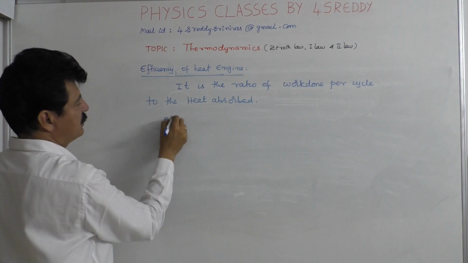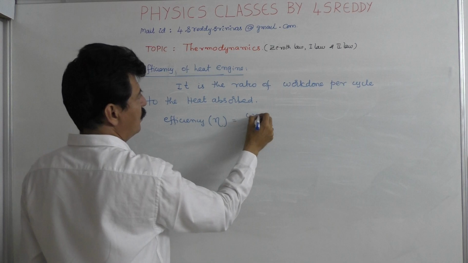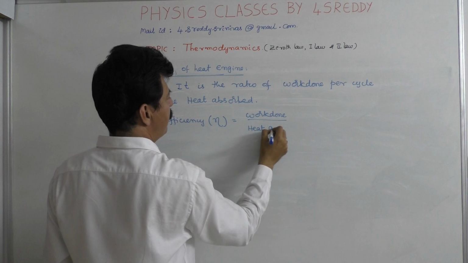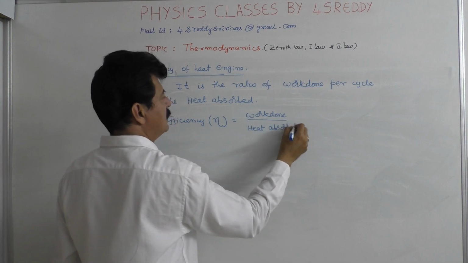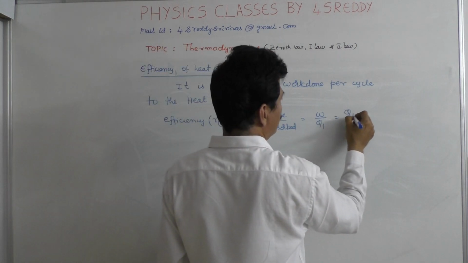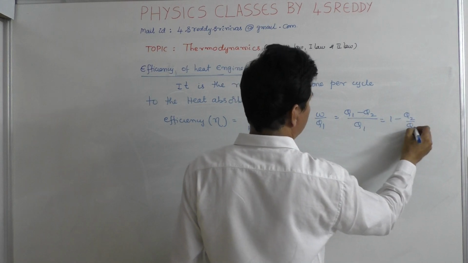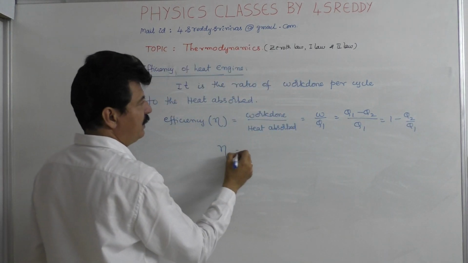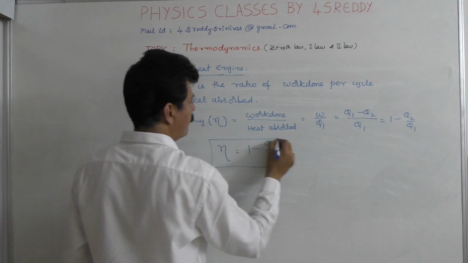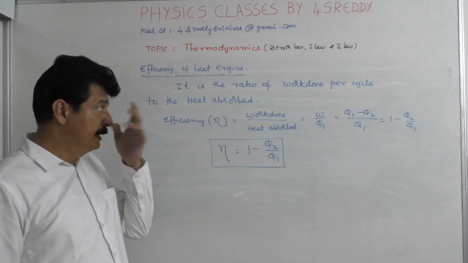Therefore, efficiency eta is equal to work done by heat absorbed. Here work done is W, heat absorbed is Q1. But W is Q1 minus Q2, so eta is (Q1 minus Q2) by Q1, that is 1 minus Q2 by Q1. This is the expression for the efficiency of the heat engine.